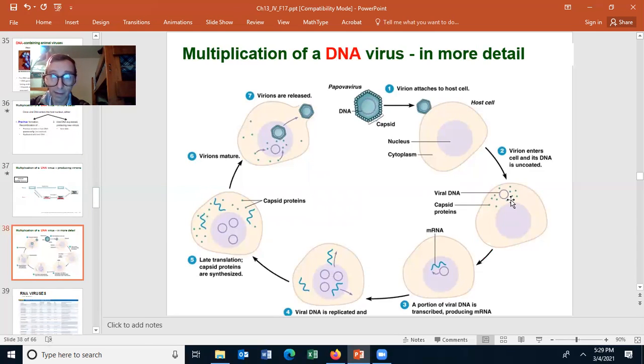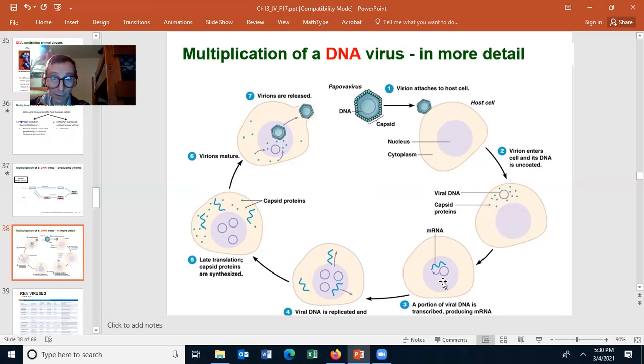And there's different mechanisms of degrading the virus. We're not going to get into that. It can be viral mechanisms or host cell mechanisms. But the important part is the virus is disassembled, and then the viral DNA gets into the cell and that viral DNA moves from the cytoplasm into the nucleus.